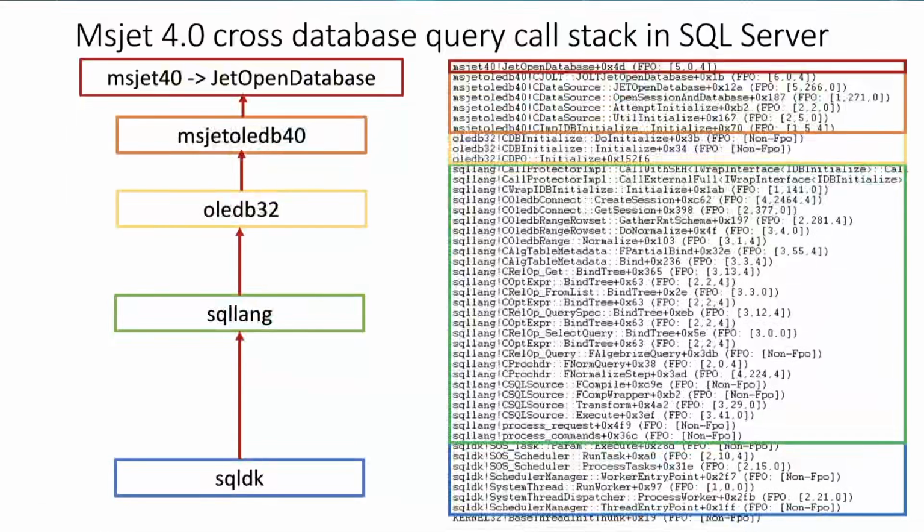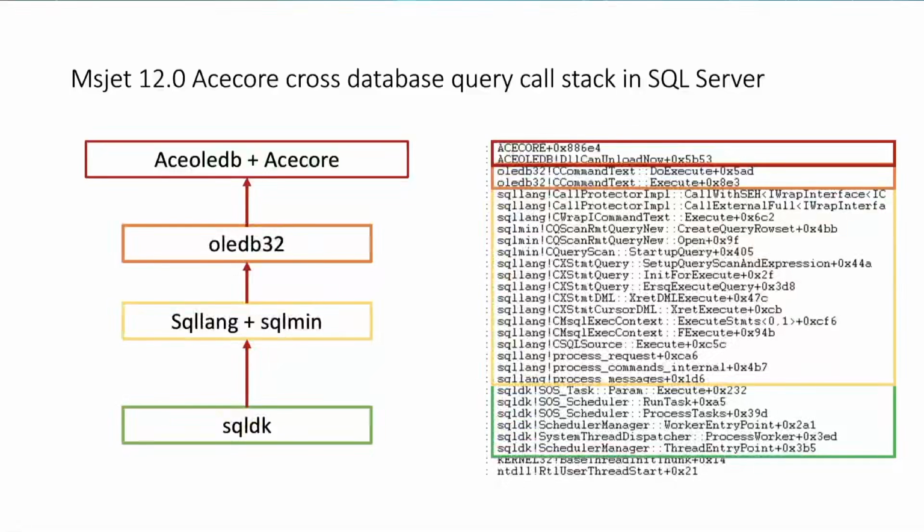Different from the Access case, it is a SQL Server process that deals with the injected SQL query. If we use Jet 4.0 as the provider, you can see SQL Server will use the Jet open database function in the MSJet 4.0 module to open the external database. Finally, it will call create file.